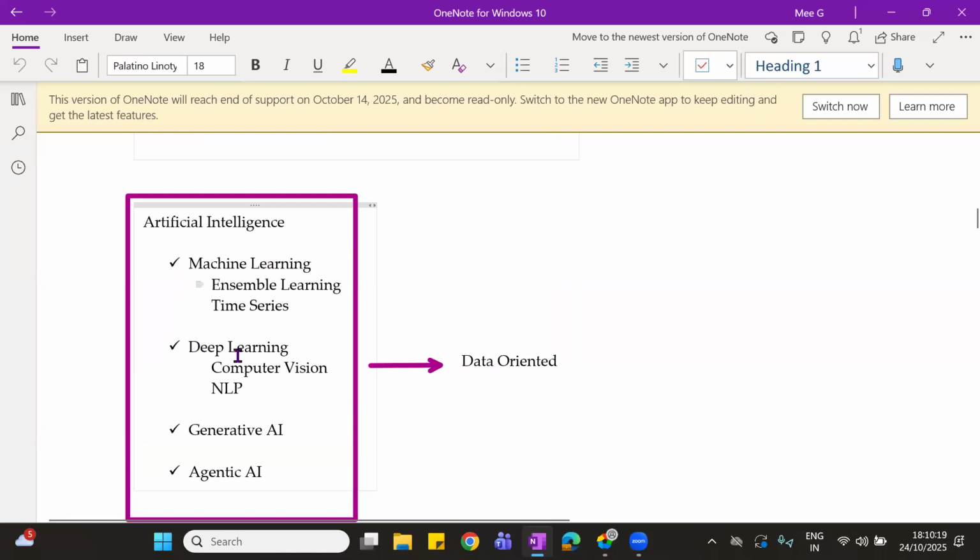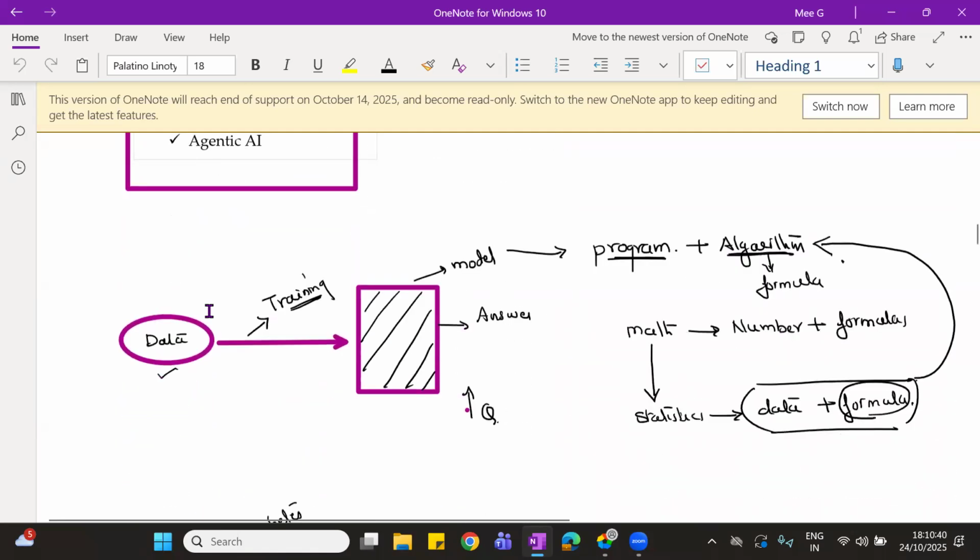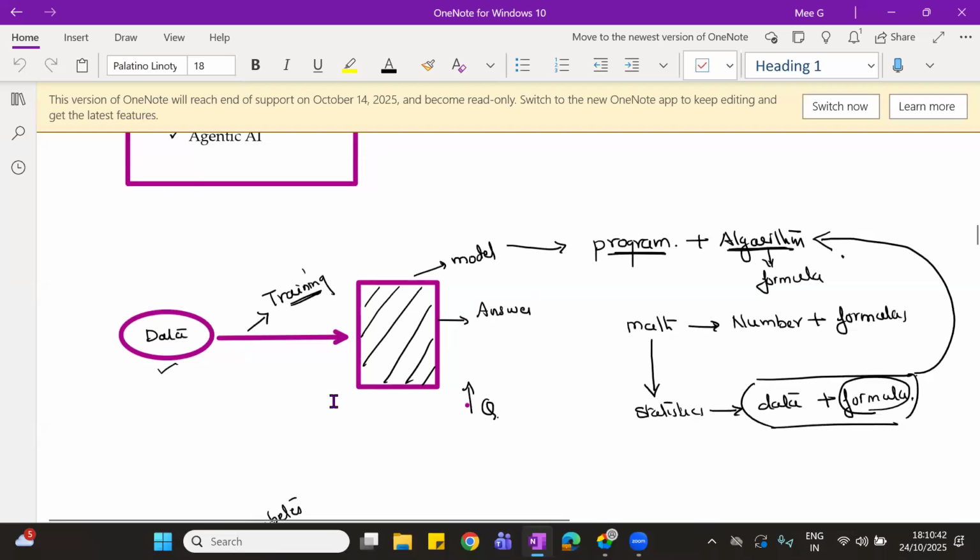Now, next one is artificial intelligence. When you have all these four as a part of artificial intelligence, they are all data oriented, which means they require data to perform. Completely data oriented. So how the internal mechanism works is, you will have data.